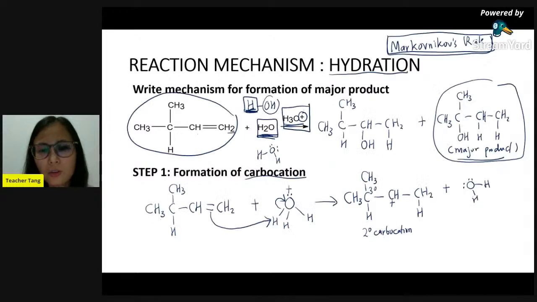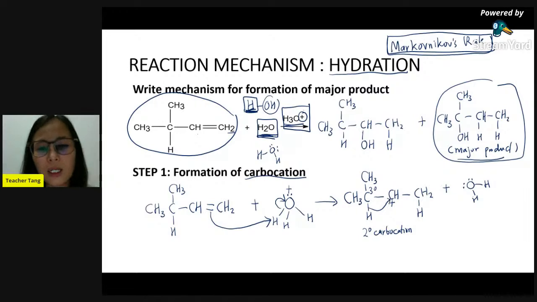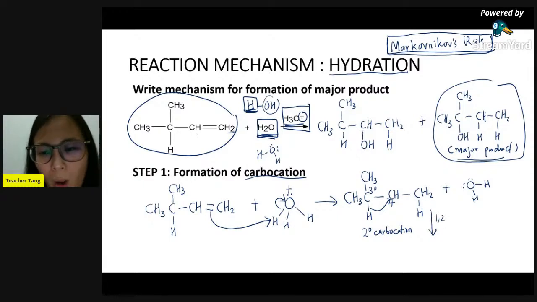Okay, so shall we draw the rearrangement? So how to draw the rearrangement? So I already taught you. So need to move what over? Need to move the hydrogen over to the carbon that carry the positive charge. So this is moving the hydrogen over. Therefore, it's called 1,2 hydride shift.